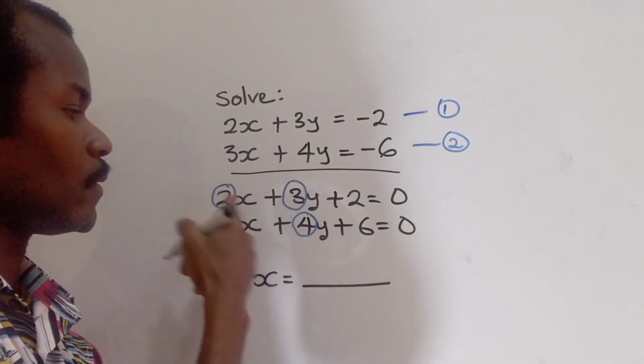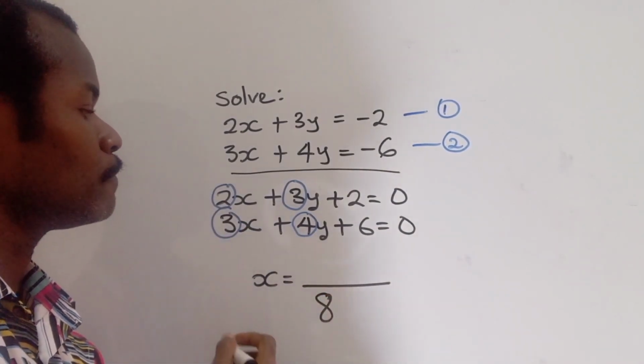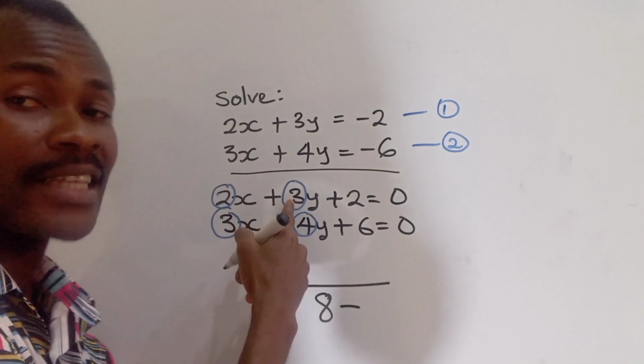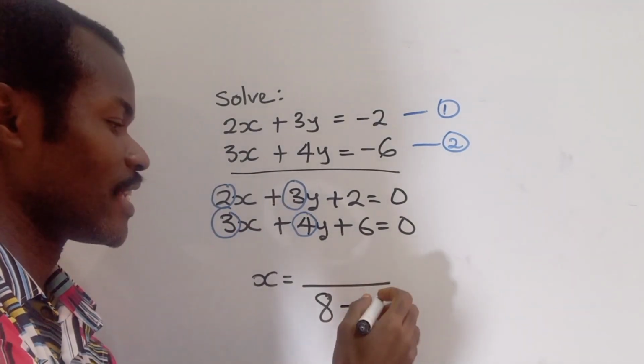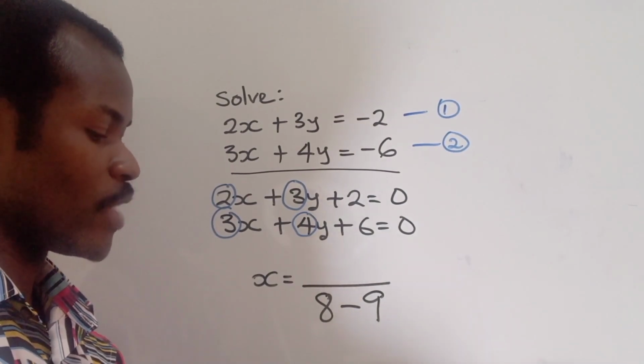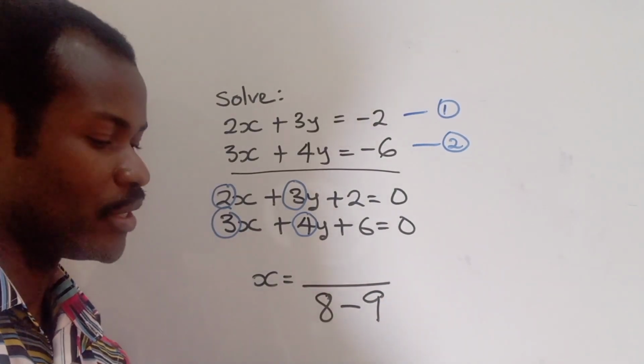So we're going to go this way. So 4 times 2, there is 8. All right, so minus, then 3 times 3, which is 9. All right. So now that we are done with the denominator, we will now work on the numerator.